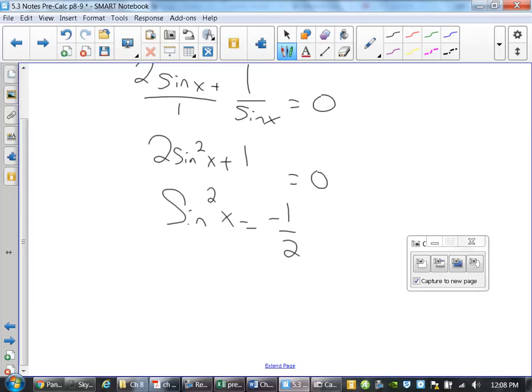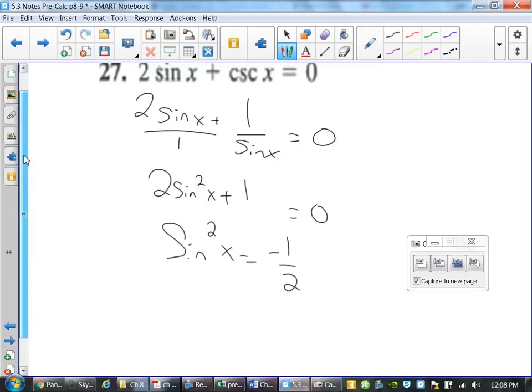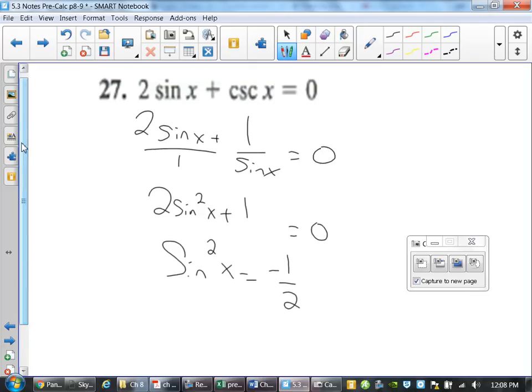Yeah, what if you set it up as 1 over cosecant without that? You get the same basic idea where you still wind up having to take the square root of a negative, and it's not going to work. If you set it up with the cosecant, you have 2 over cosecant of x.